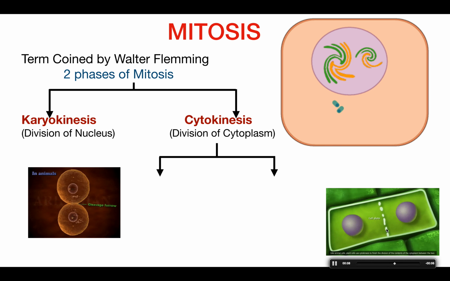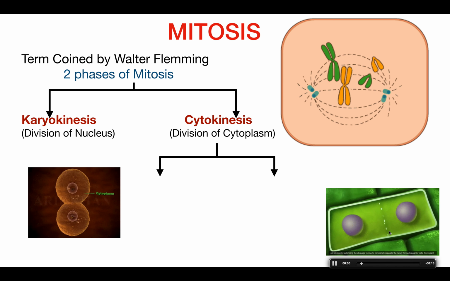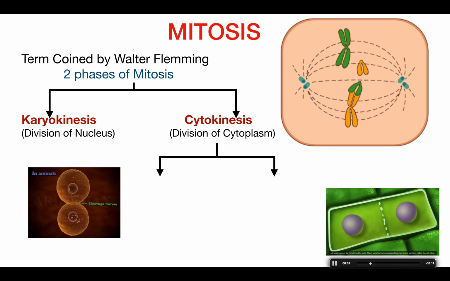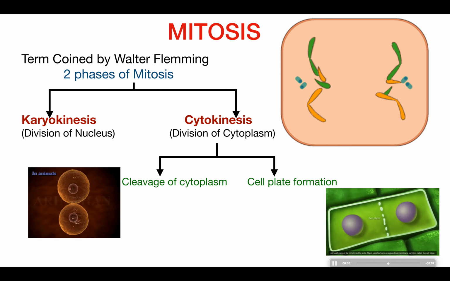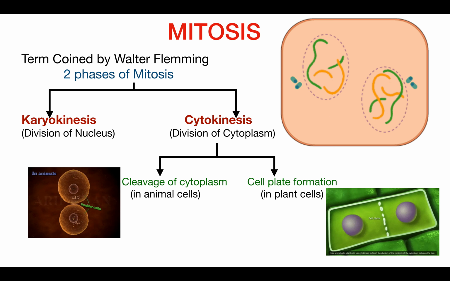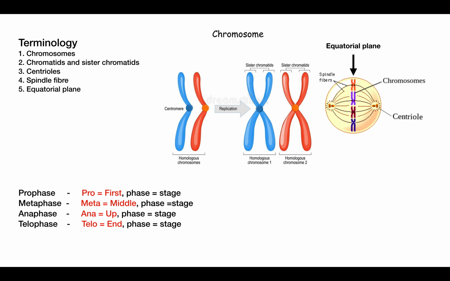Just look over here, cell plate formation, and the two cells are getting separated. So in animals it is by cleavage, and in plant cells it is by cell plate formation. These terms we are going to need while studying more about mitosis. That's why I have shown this part.